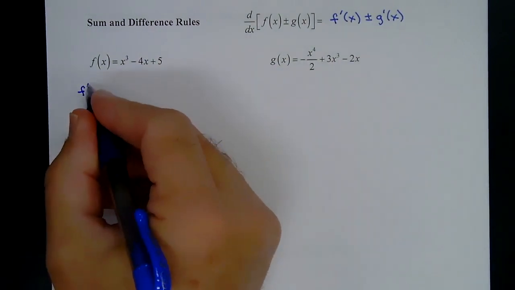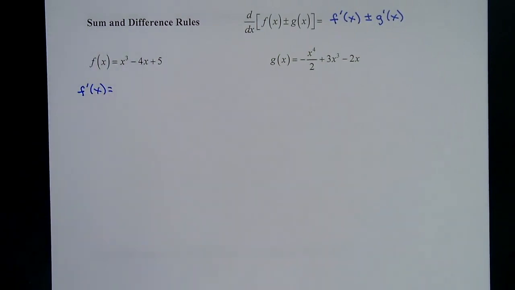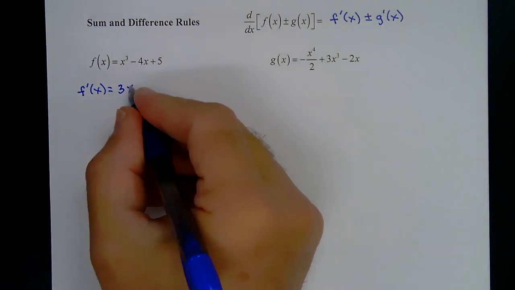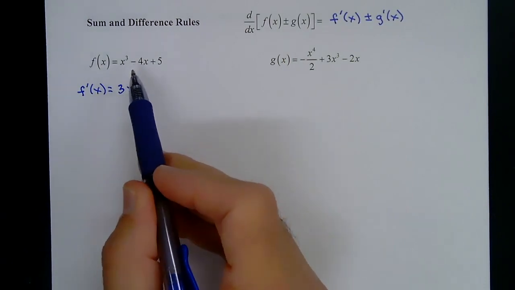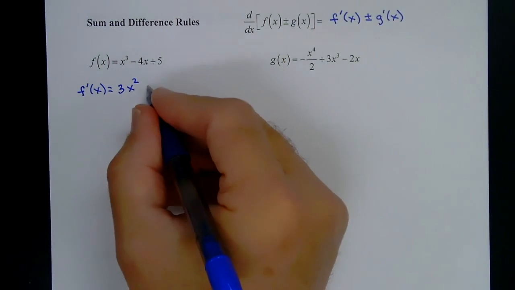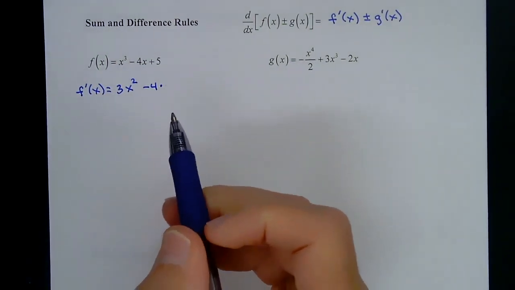So f prime of x would equal, well, we just have to worry about how you find the derivative of x cubed. That would be 3 times x squared. Now I know this is subtraction, but we can treat this as being like a -4, so minus 4 times, and that's my constant.